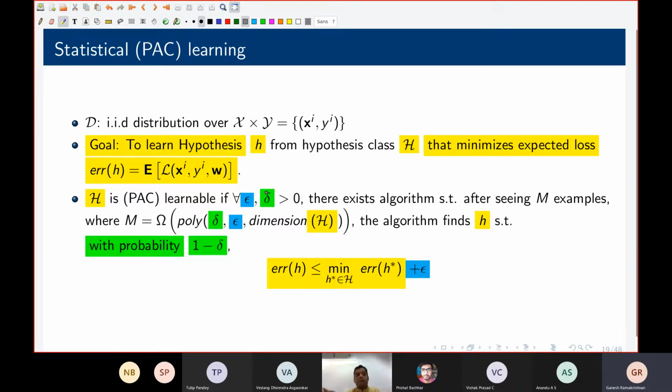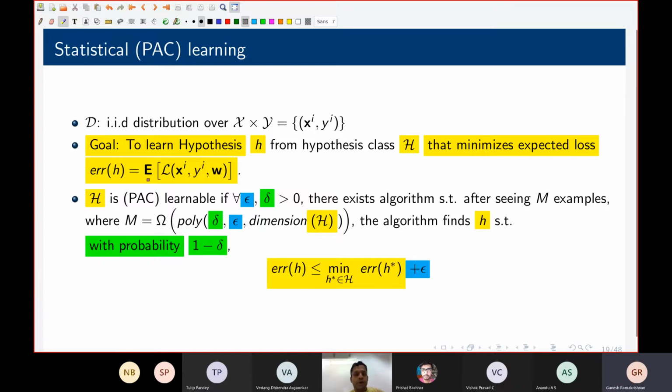Could be constrained parameters, like non-negative parameters. So the algorithm is able to find a hypothesis H, with probability 1 minus delta, such that the error of the found hypothesis is less than or equal to the min error, the best error, plus epsilon. In such a case, we say that H is PAC learnable.